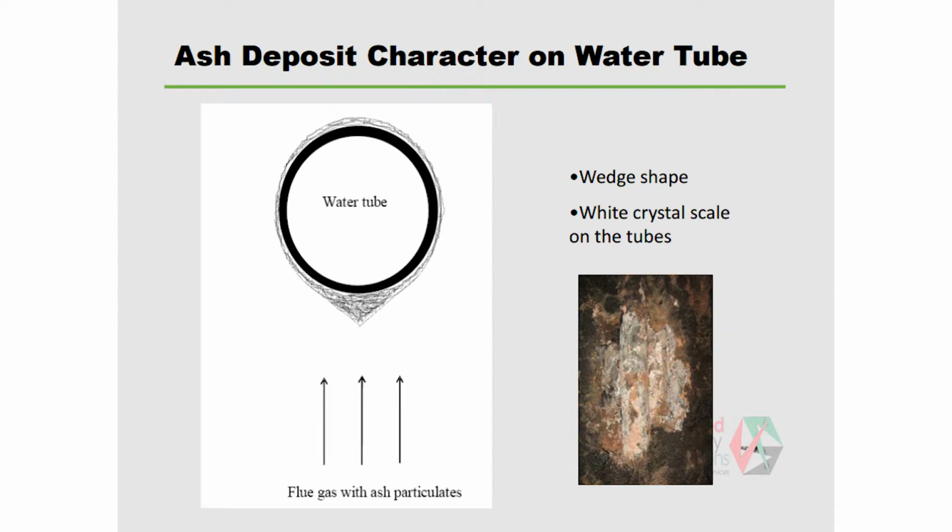Let me show the shape. I took this photo from one of the boilers in Timor. When you have a fouling problem, you get a white scale along the tubes. That white scale can be corrosive if it stays for a long time.